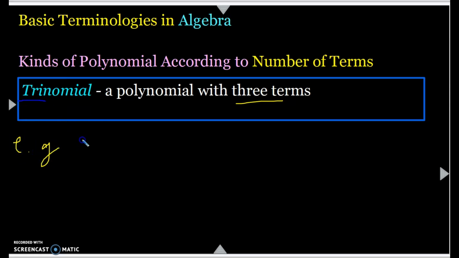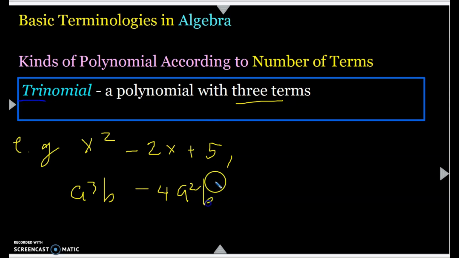Examples of this are x squared minus 2x plus 5 and a cube b minus 4a squared b squared plus 3b cubed.